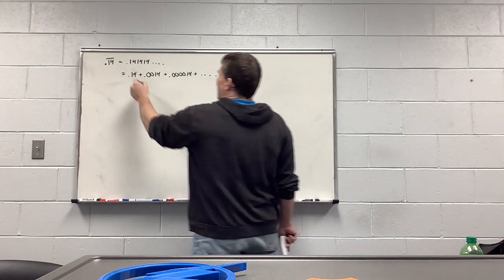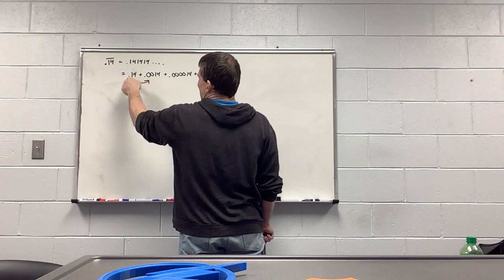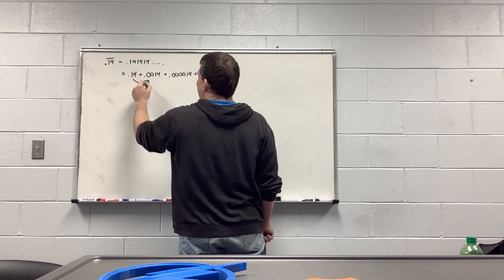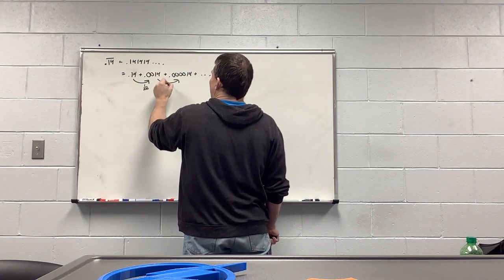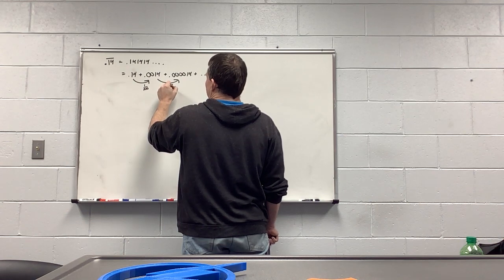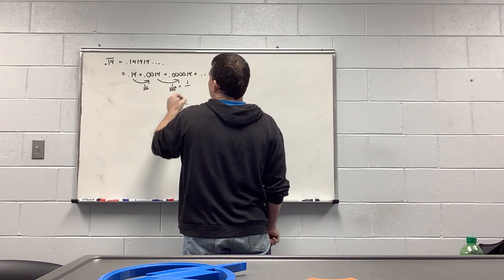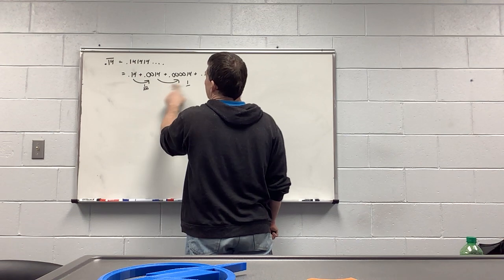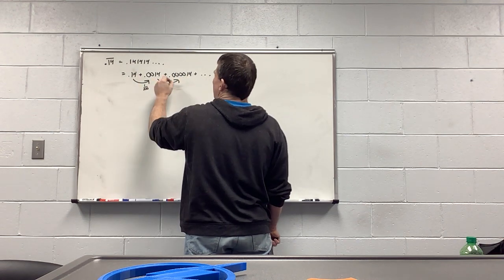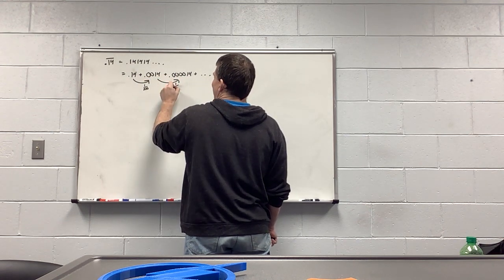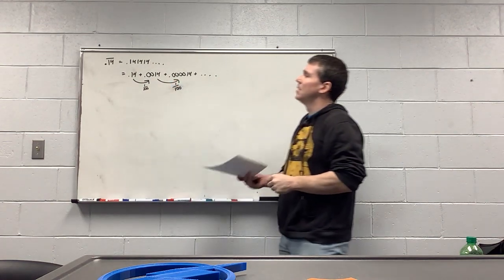But then, how do I get from here to here? Shift my decimal point 2 places, I multiply by 1/100th. How do I get from here to here? I multiply by 1/100th again. But from here to here, I shift 2 more places, it's 1/100th.